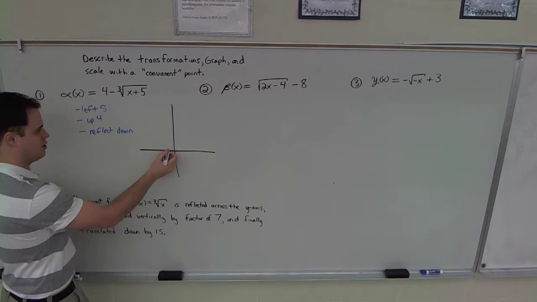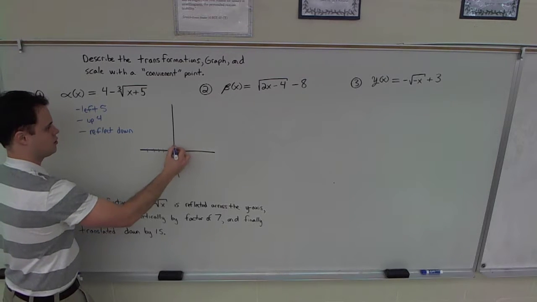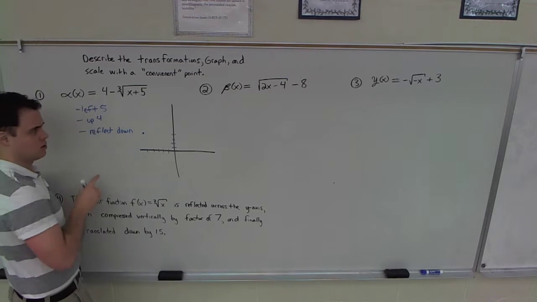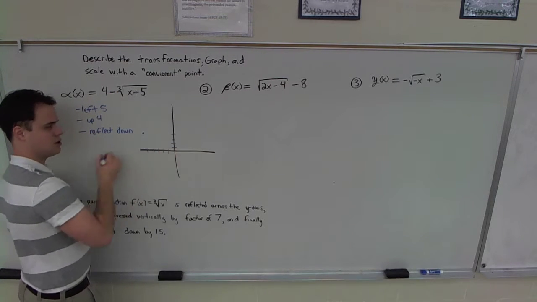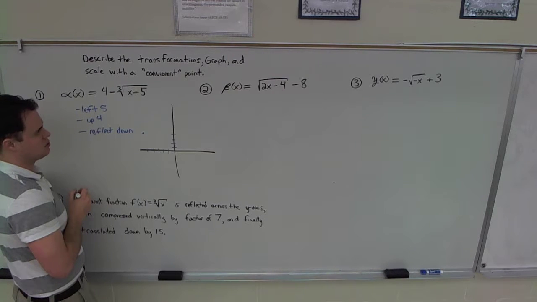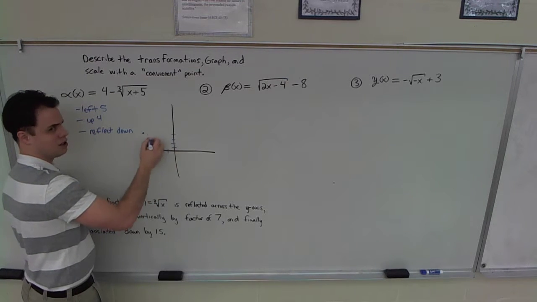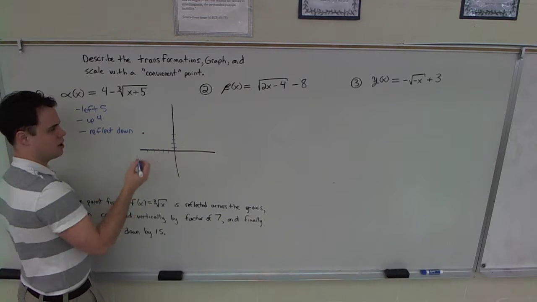So let's see, left by 5, and up by 4, shape, cube root, flat, horizontal snake shape, except we're supposed to reflect it how? Down. So should I just reflect it like right here? How do I reflect this thing down?